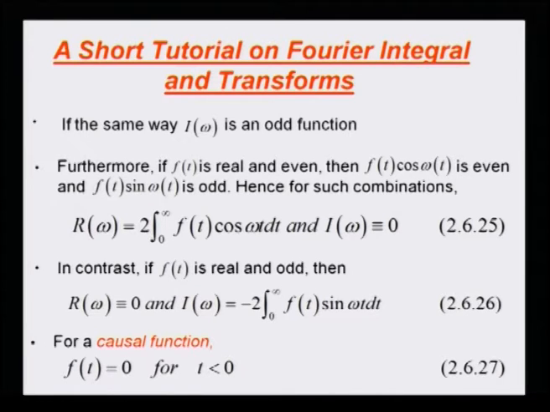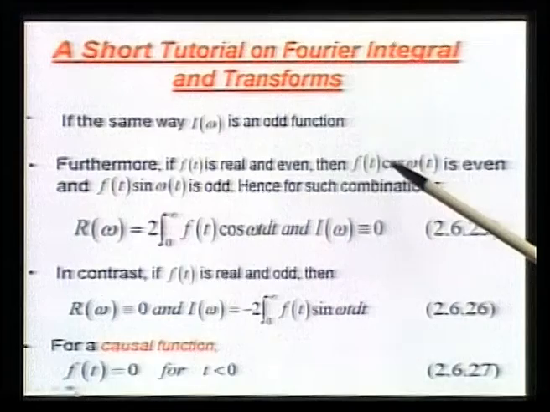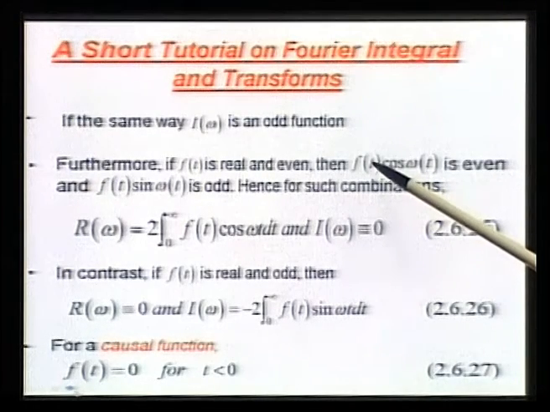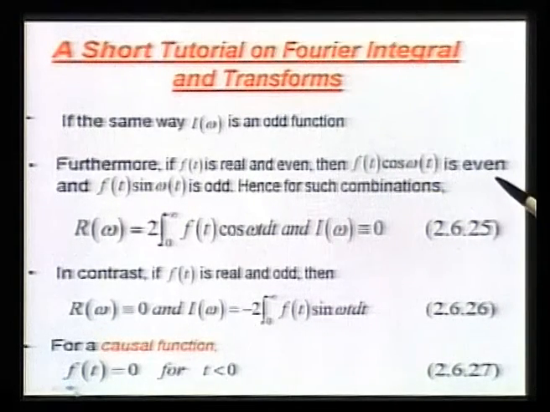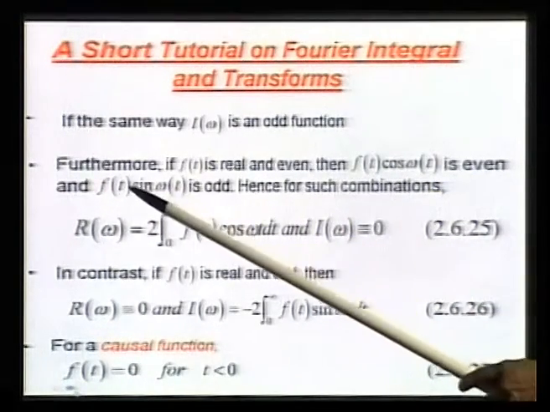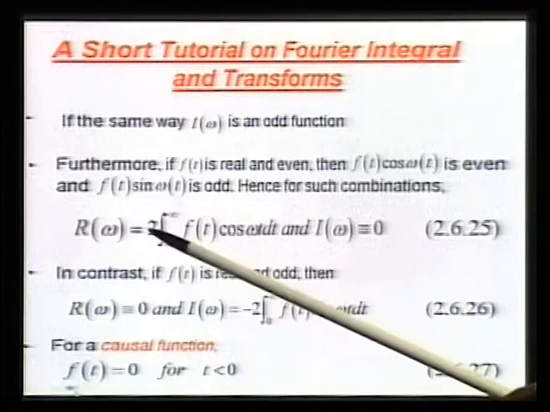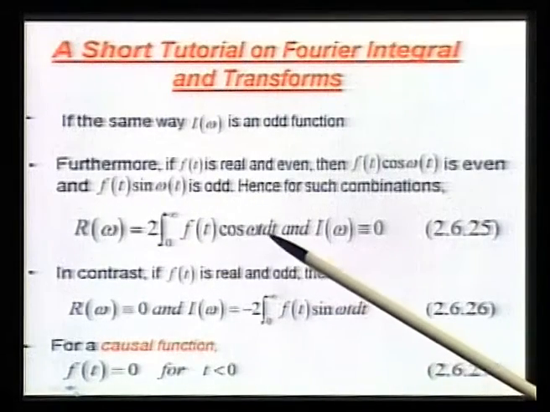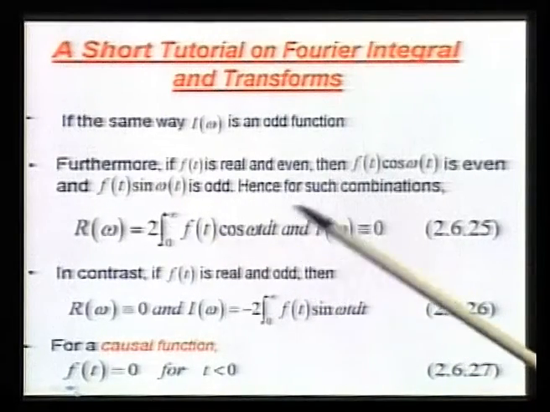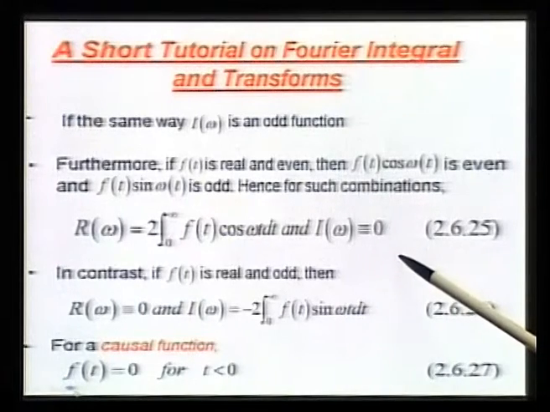Suppose f of t is real and even, then this part is even, an even function multiplied by an even function is even, while this one becomes odd. So, what happens? R of omega can be done like this, I of omega will be 0. All right.